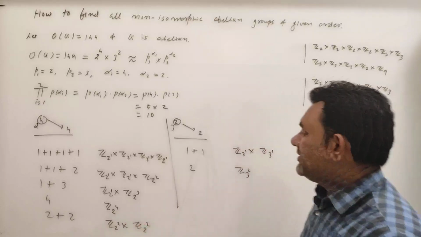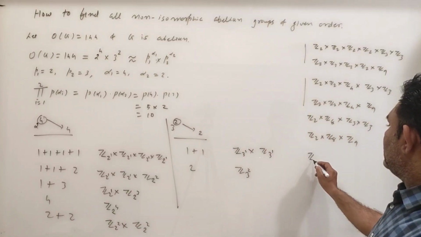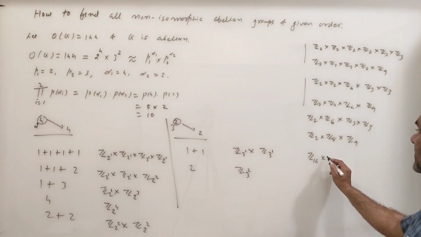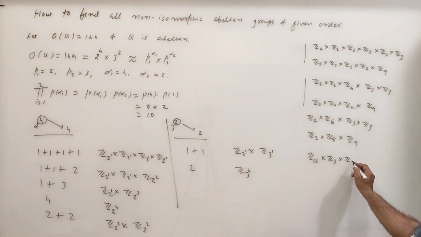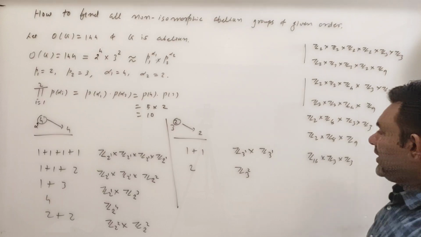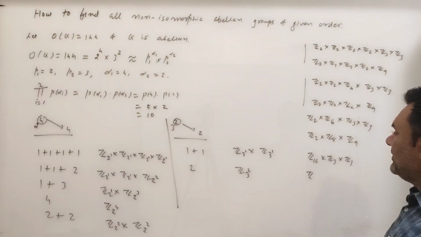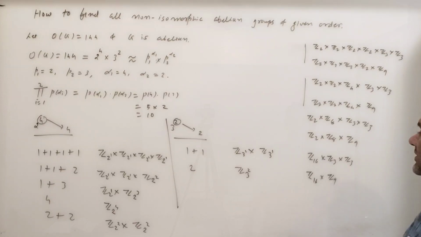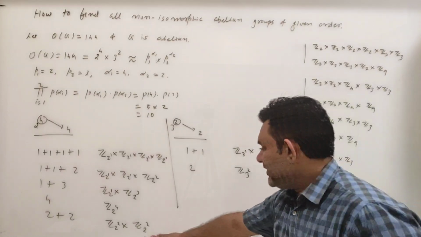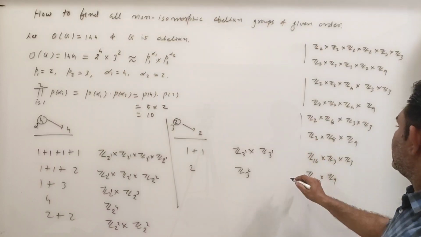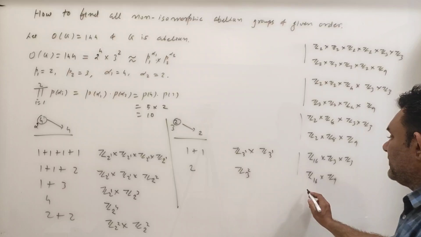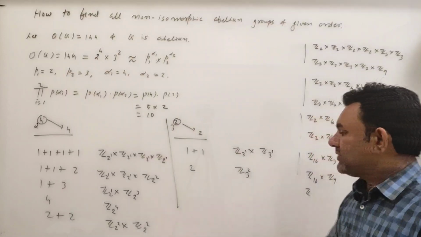Now with this 2 raised to 4, that is Z16 cross Z3 cross Z3, and Z16 cross Z9. And with this, we have these two, and last one is Z2 square, 2 square is 4.